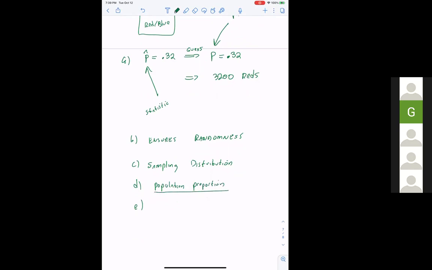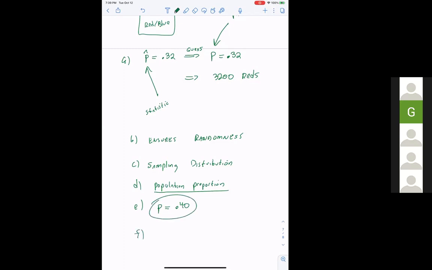But based upon E, it must be the population proportion. So what is P based upon what they just gave me in part E? 0.40, 40%. Write an equation with a symbol for the population parameter on the left and its value on the right. Okay, I just did that for you.